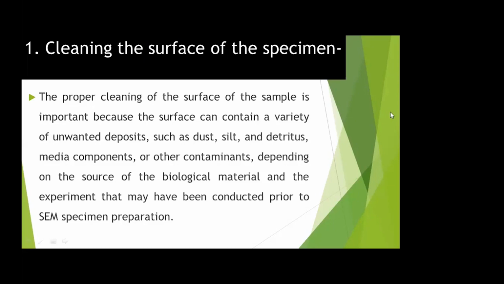There may be dust, silt, detritus, or media components, because if you are extracting the material, media components may be there, or other contaminants. That depends upon the source of the biological material and the experiment that may have been conducted prior to this SEM specimen preparation. So wherever required, clean the surface of the sample properly.